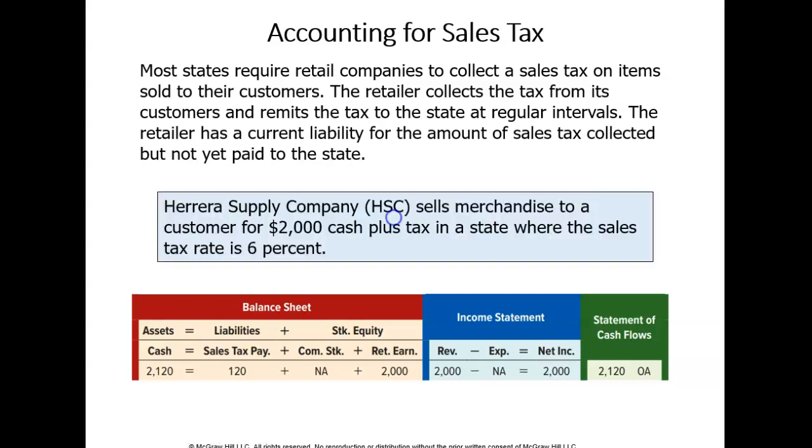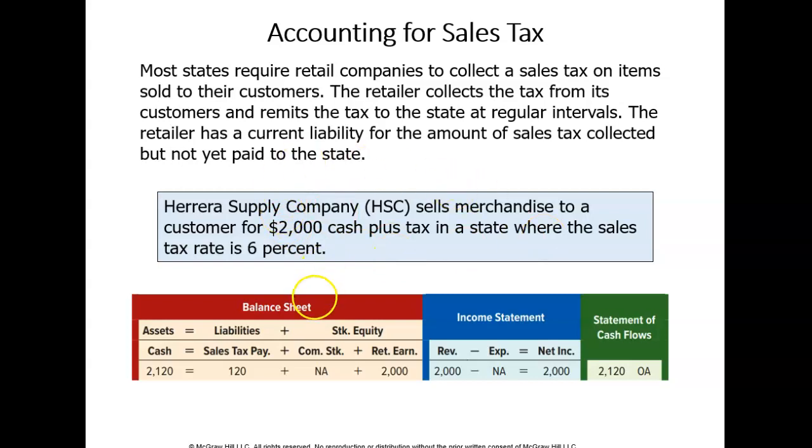Okay? For example, let's say that we sold merchandise at a cost of $2,000 plus sales tax. Our sales tax rate is going to be 6%. So you will multiply 2,000 times 6% to get the amount of sales tax, which would be $120.